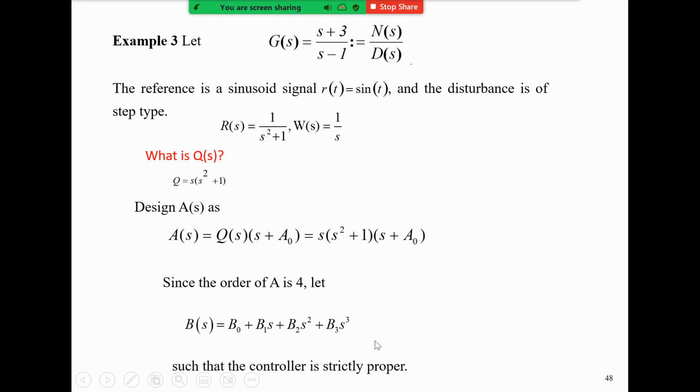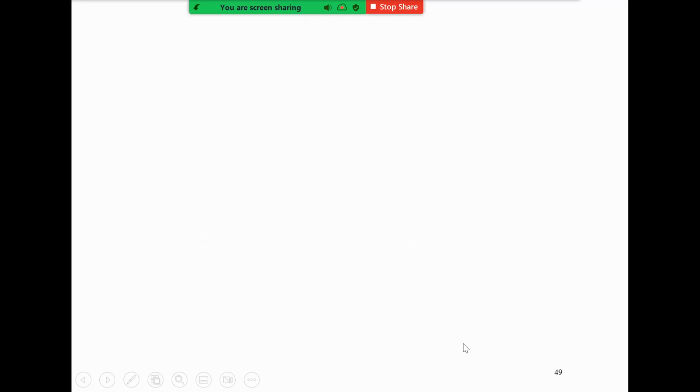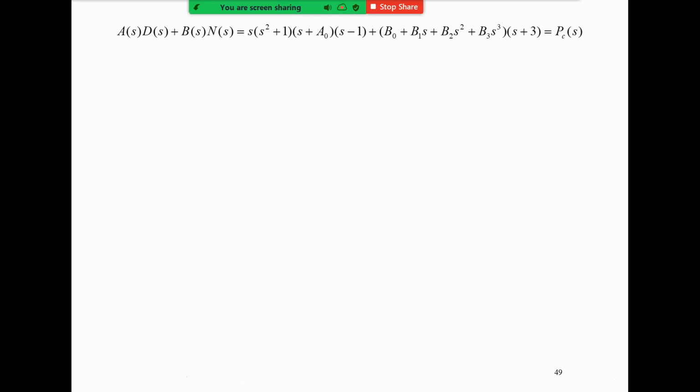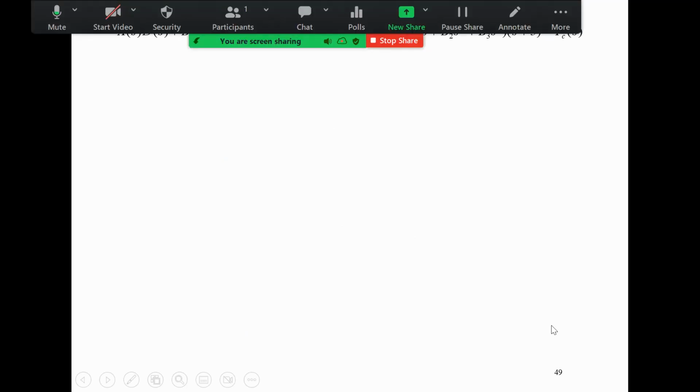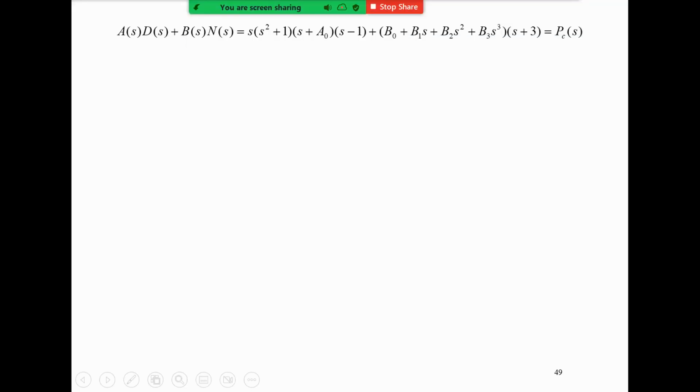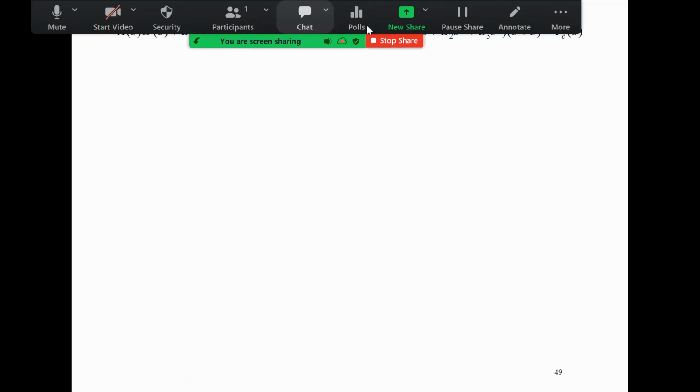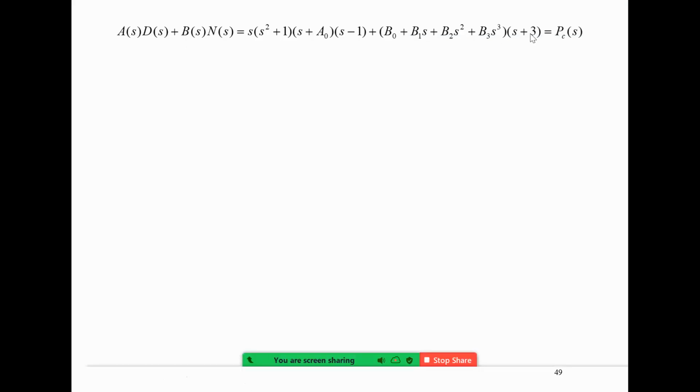Here, I just make it 3, and then I plug into the equation A times D plus B times N. Because we know this is the form of A, we already included Q. We have this s plus a naught, then we have this s minus 1. This is the D, this is B, this is the N.